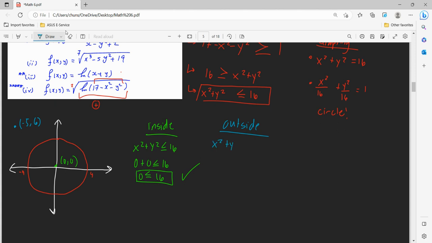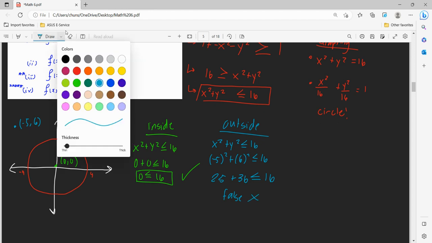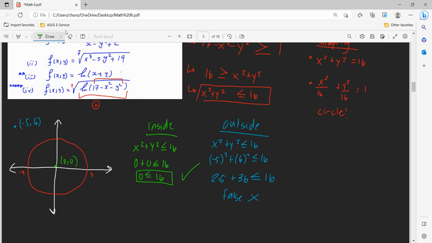And this will give us -5 squared plus 6 squared compared with 16. And this gives 25 plus 36, which is definitely bigger than 16. So this is false. So we can't use it. So now that clues us in to where our domain is, and our domain can only be permissible inside the bounds of our circle.